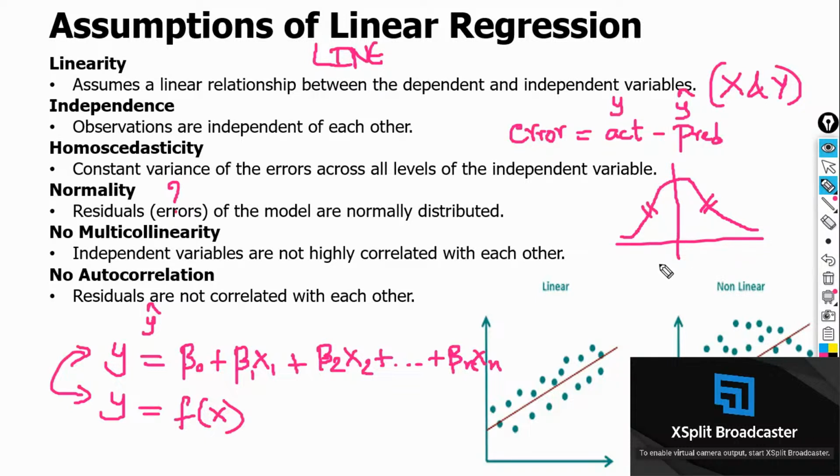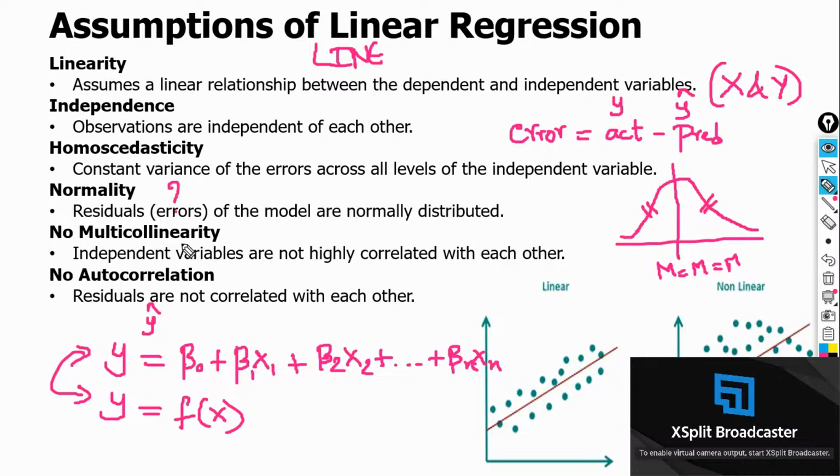At the center, you should have mean equals median equals mode. All these topics we have discussed. So when you take the errors, these errors should be normally distributed. If I plot the error data, I should get a standard curve.